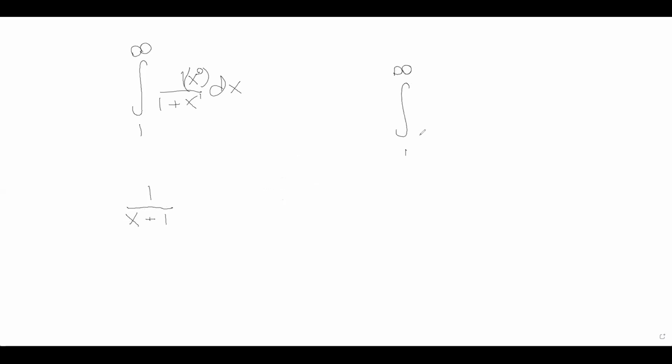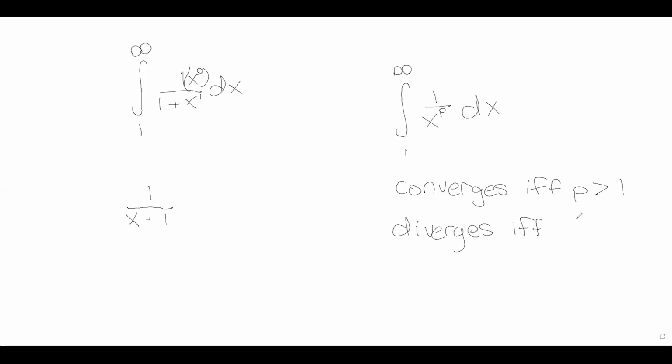If we have the improper integral going from 1 all the way up to infinity of 1 over x to the p times dx, this converges if and only if p is greater than 1. And it diverges if p is less than or equal to 1. If and only if.